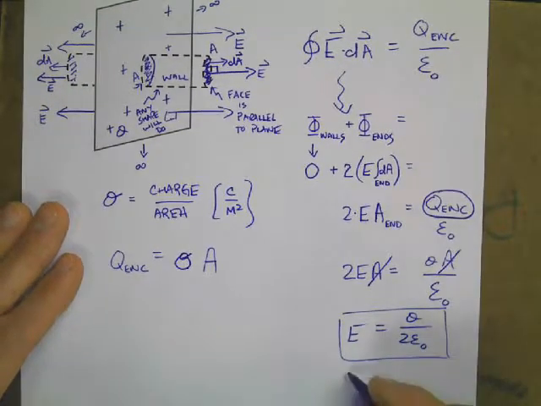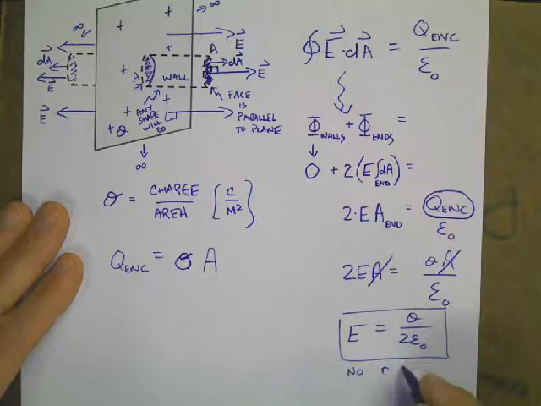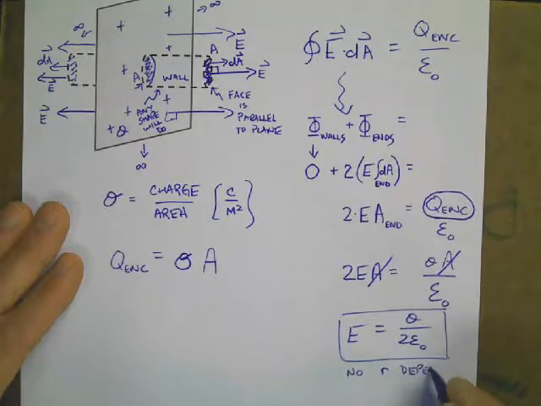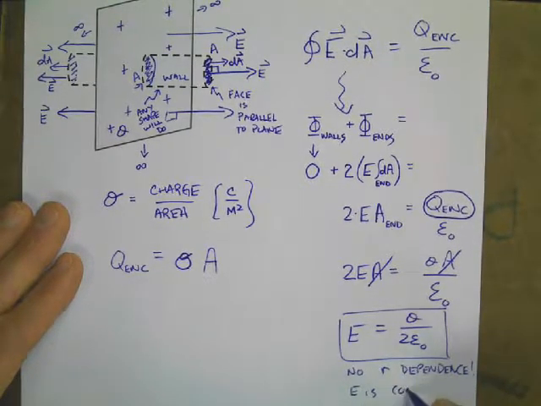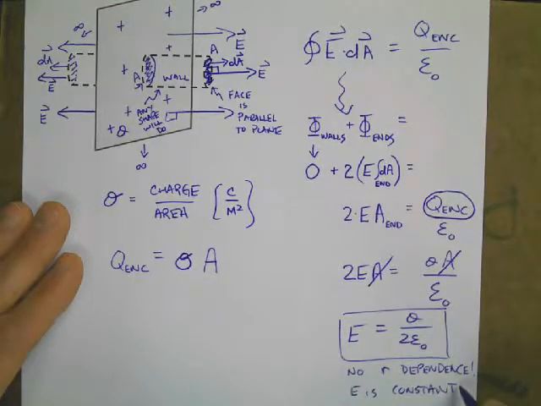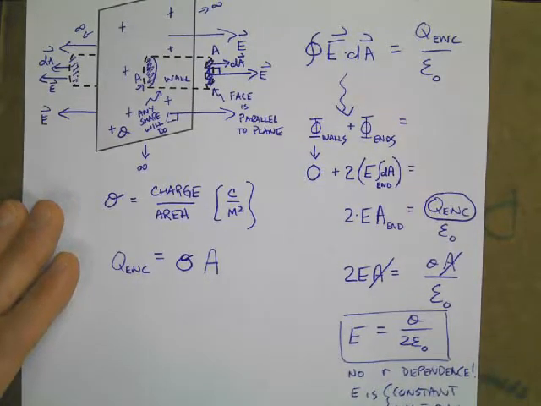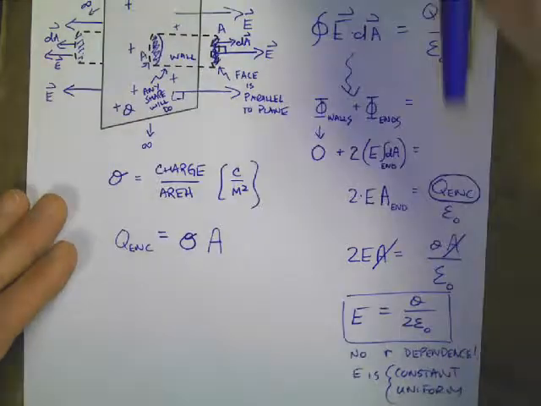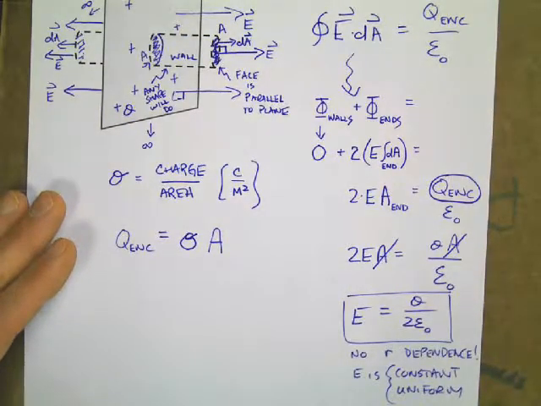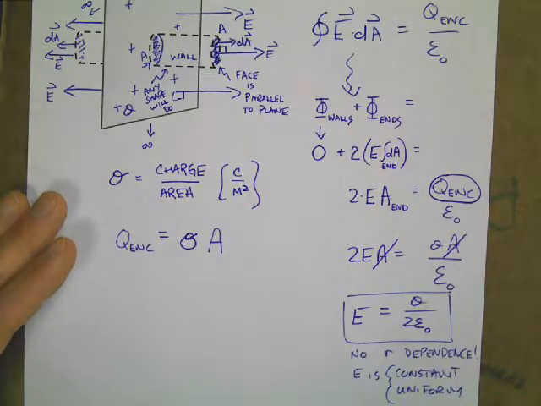And once again, I'll just point out that there is no R dependence here. In other words, E is constant, and you could say it's also uniform. And we know that already, but this kind of Gauss's law shows that to us.